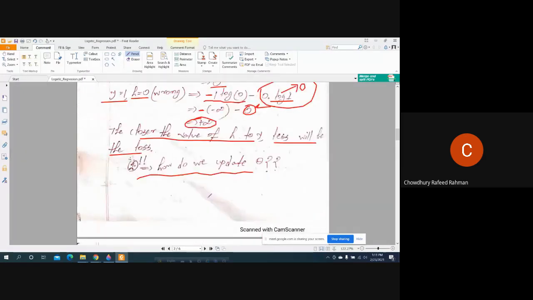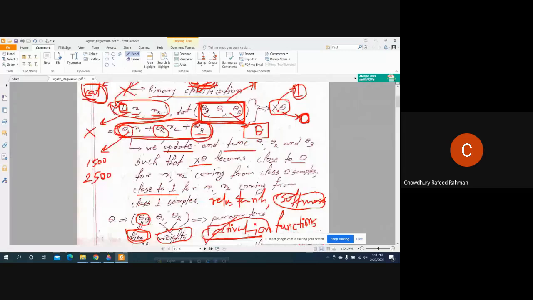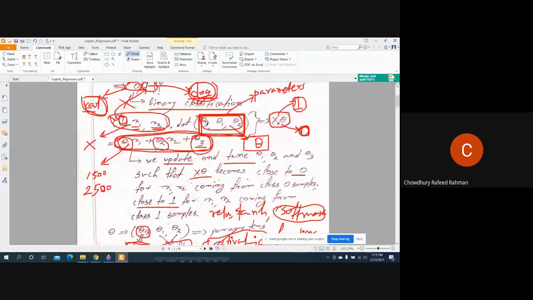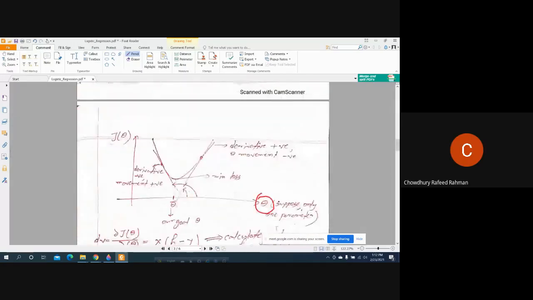Now tell me how many thetas there are in our model, the model we are discussing now. There can be more than 3 thetas in any regression model, but in this particular discussion, how many thetas do we have? 3 thetas. Right.